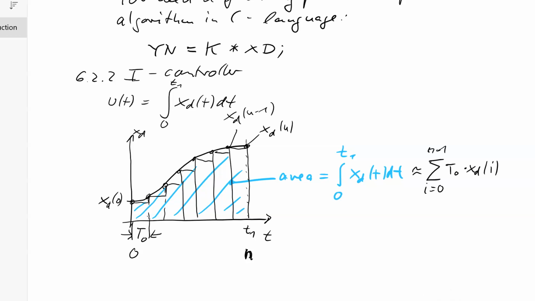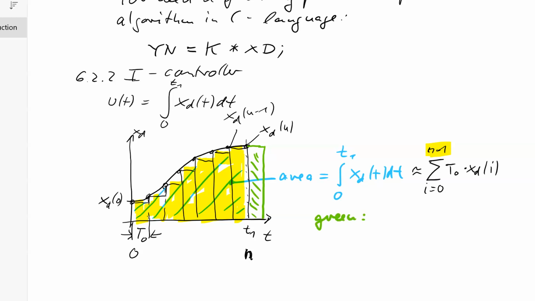This is the area, in yellow. But we can do also another thing. We can say, okay, the last value xd of n is known. Why not add the last rectangle like this, the green area.